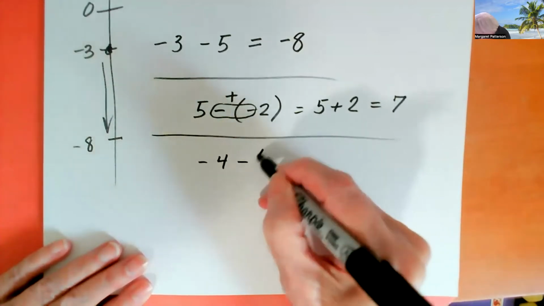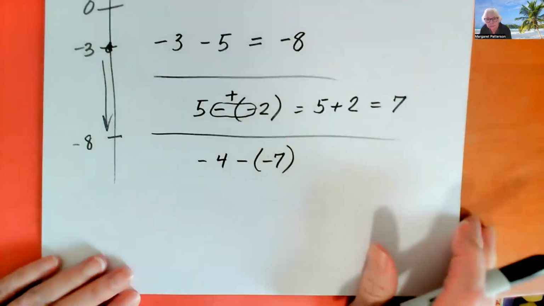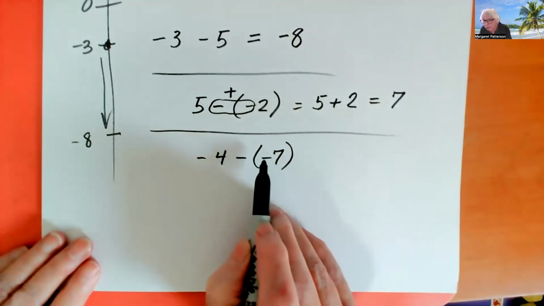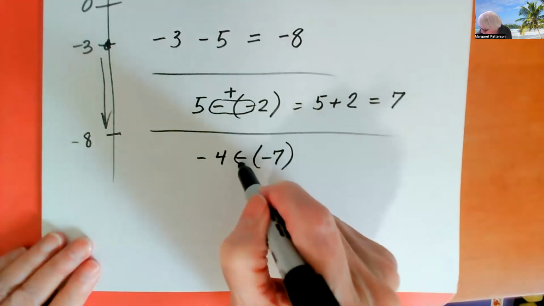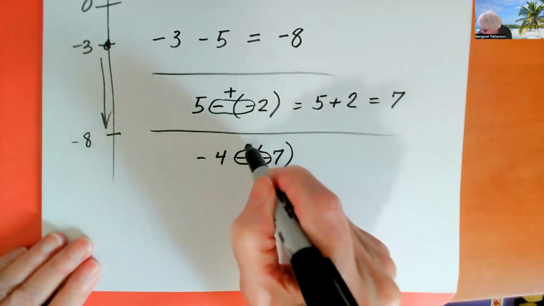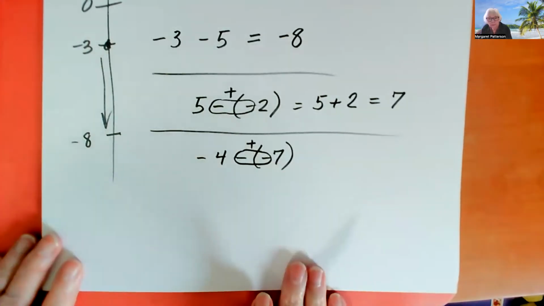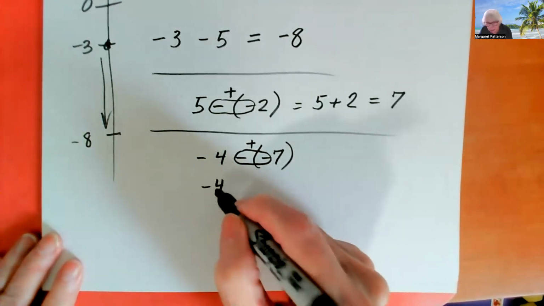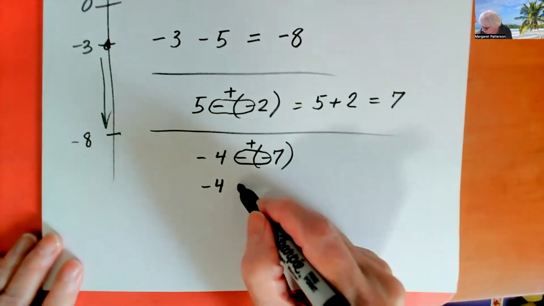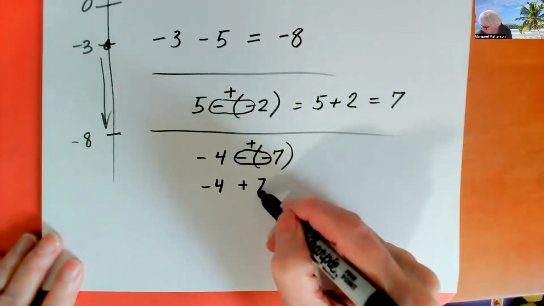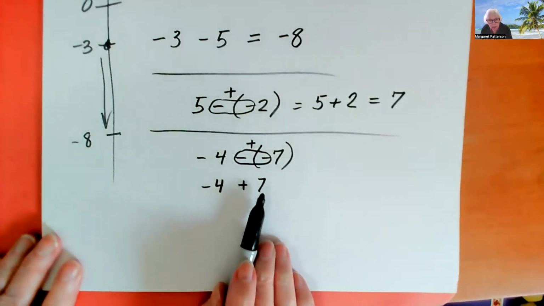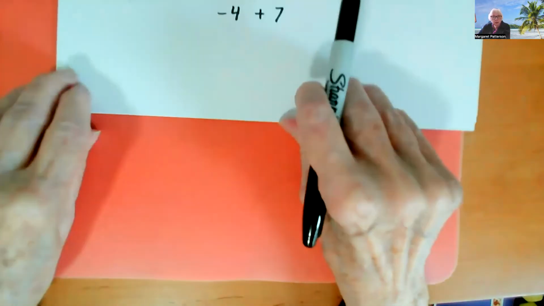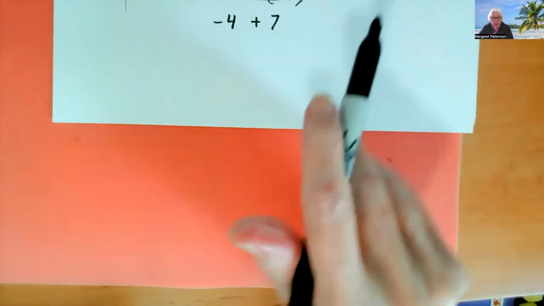Let's try this one. -4 subtract -7. Here it is again. Grab it. This gets changed. The first number doesn't get changed. This goes to plus, and this is 7. So this is the real problem. So ignore everything else and just focus there.